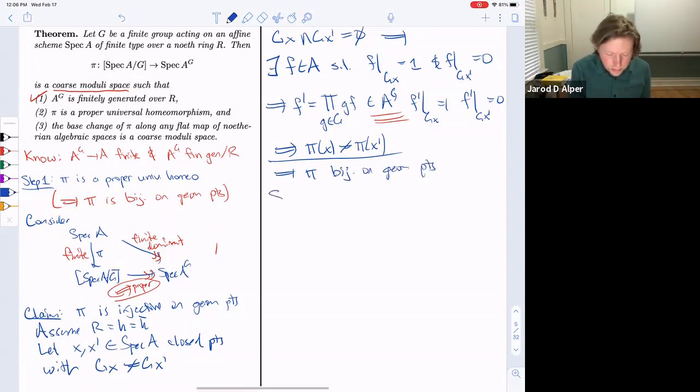And since pi is proper, the image of a closed set is closed. And so the inverse map is also continuous. So this implies that pi is a homeomorphism.